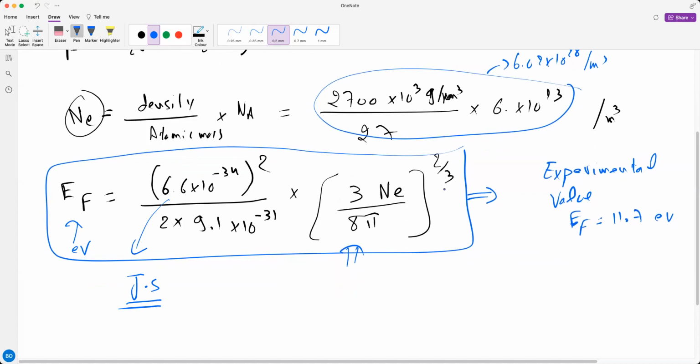So the value that you get here, if you do this basic calculation, will be in joule, because the Planck's constant is in joule. Now, if you divide this one by 1.6 times 10 to the minus 19 to convert it to electron volt, which value do you get?